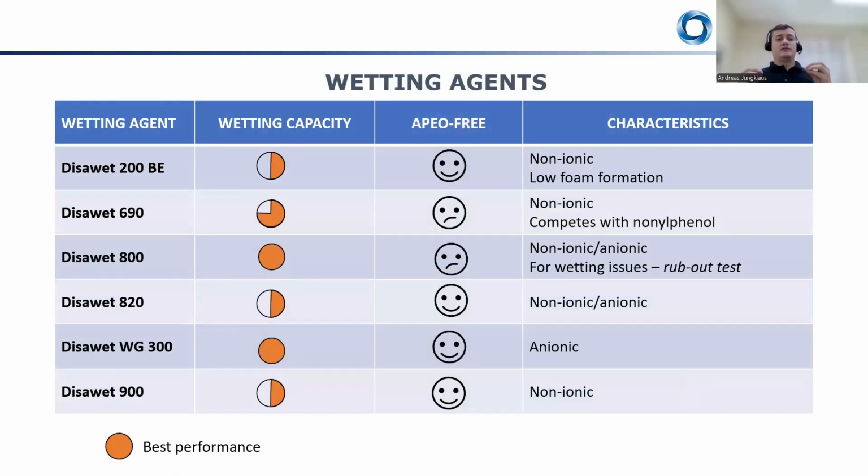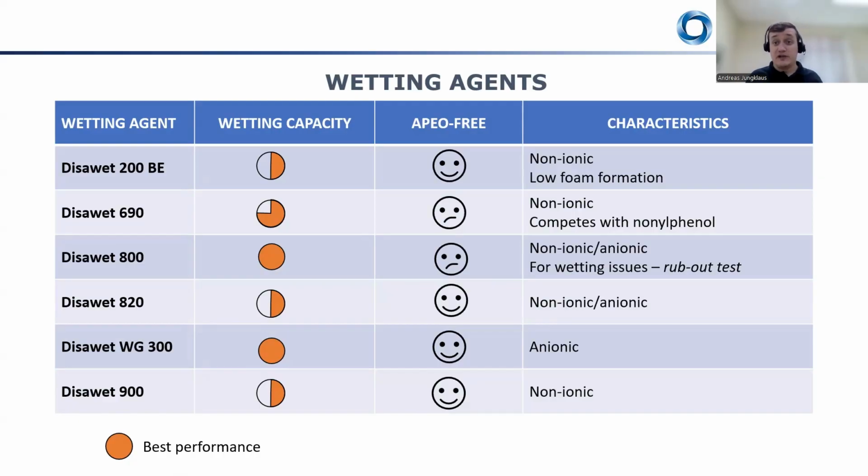Cool. So this table positions different Disamtex wetting agents according to chemistry, non-ionic, anionic, or blends, and performance level. So it implies that wetting capacity varies depending on molecular structure and interaction with pigment surfaces. The APO-free indication reflects regulatory and environmental considerations in additive selection.